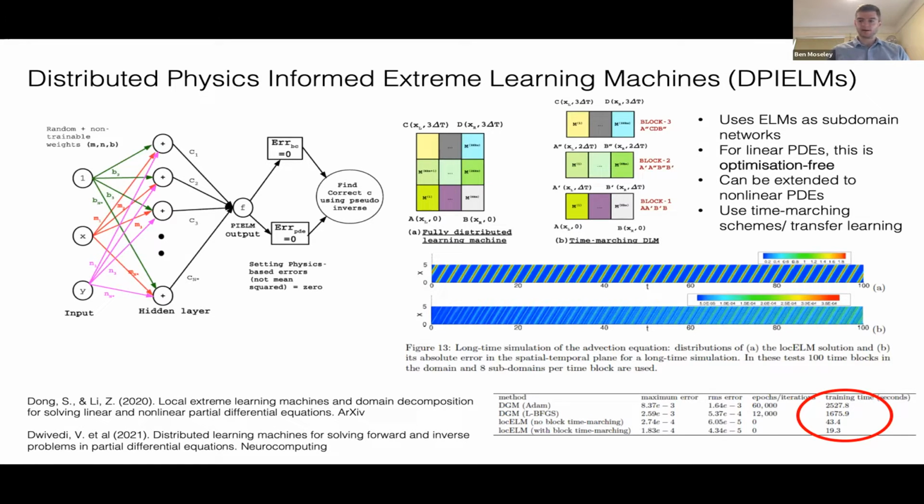And the advantage of this is that because the networks are very small, it massively reduces the computational time of the PINN. And so they were able to train these with much faster training times than the standard neural network, and approaching finite difference or finite element simulation. I guess the disadvantage here is that when you're only training the last layer of the network, then the network is restricted in its expressivity.